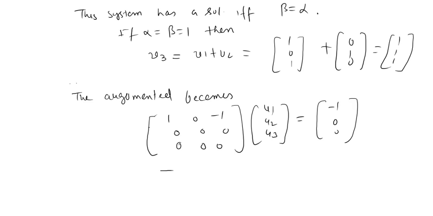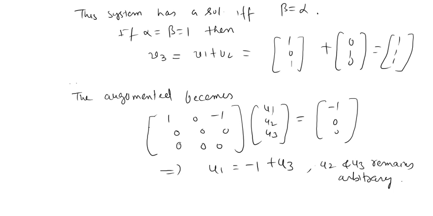So this implies u1 equal to minus 1 plus u3 from the first equation. So u2 and u3 remain arbitrary.